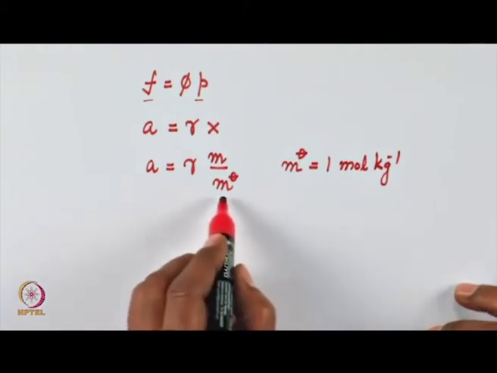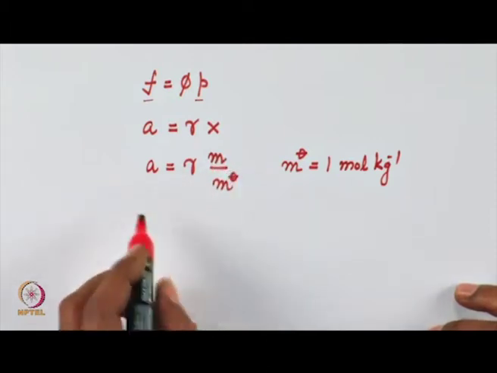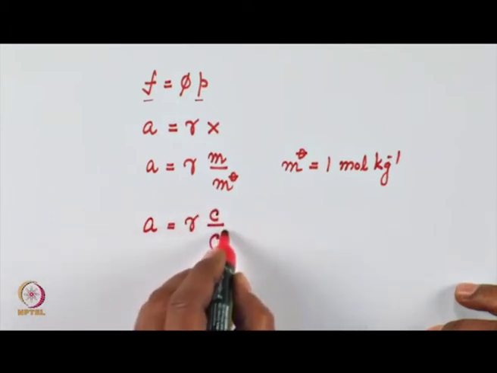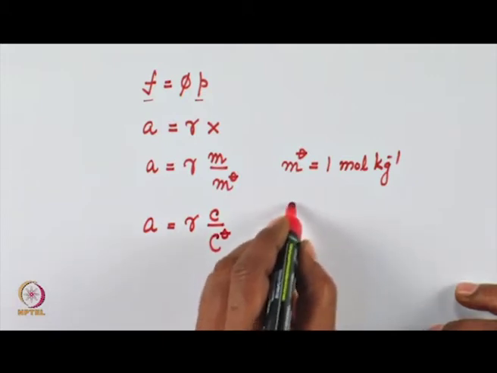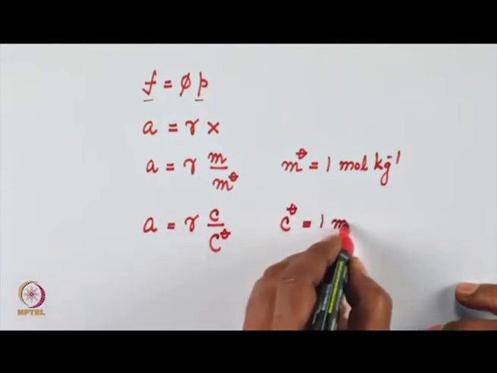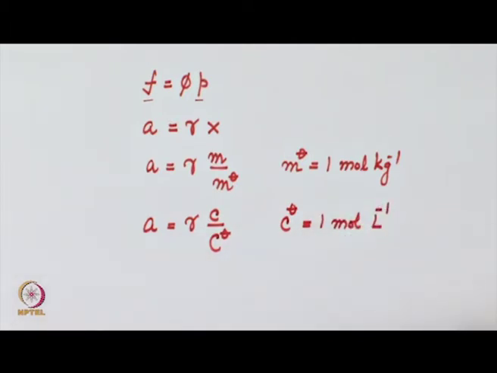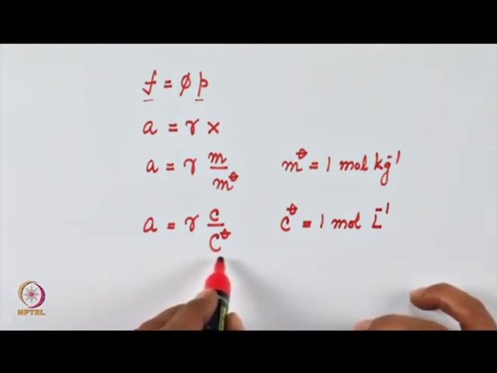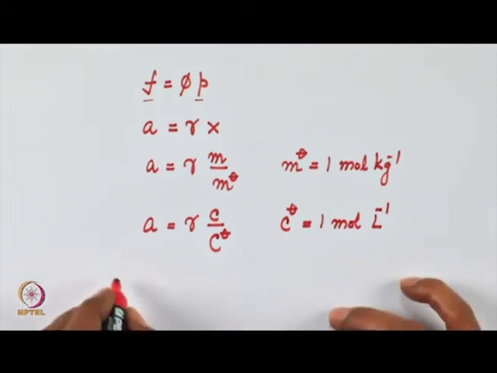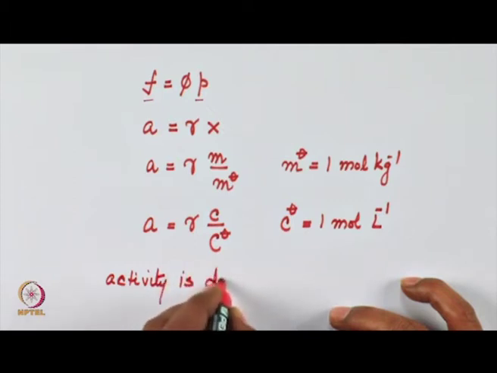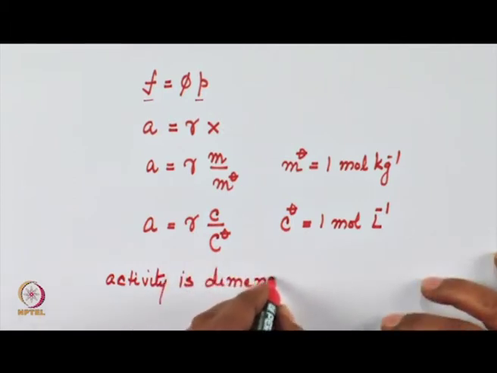Why is this m naught introduced? To make this a dimensionless quantity. If we want to express activity in terms of C, this will be defined as C by C naught, where C naught is equal to 1 mole per liter or per decimeter cube. Here also C naught is introduced to make activity dimensionless. So please remember that activity is a dimensionless quantity.